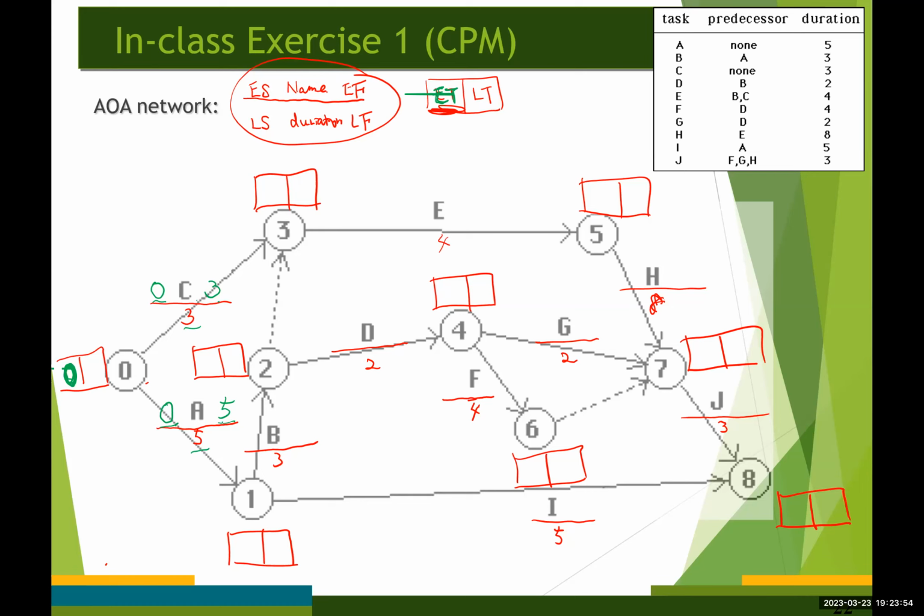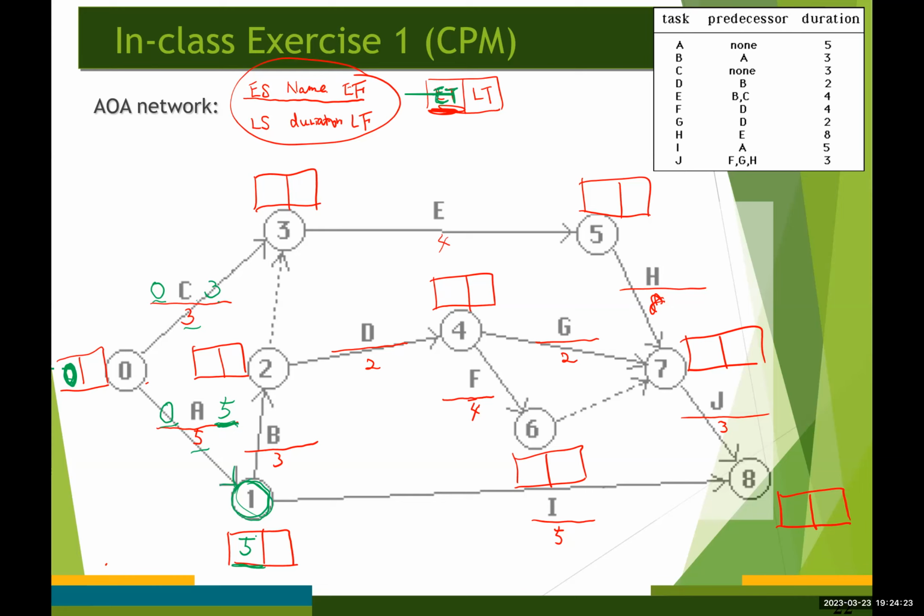And from the earliest finish time for activity A, which is 5, the earliest time for event number 1 is going to be 5, because event number 1 represents the completion of activity A.